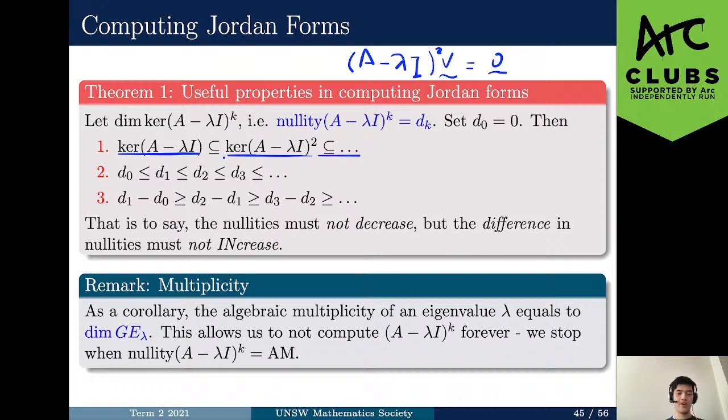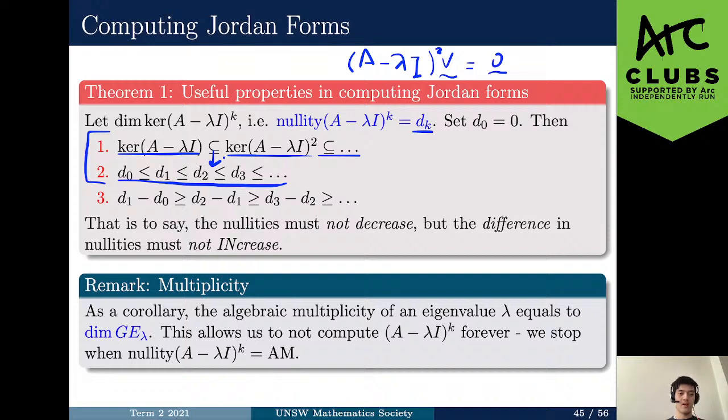And so that also means that in general, the nullity, if I call it d_k, so the nullity of A minus lambda I to the k, should be non-decreasing. This just follows from being a subset. Okay, so I think those first 2 points are probably a bit more intuitive. The third point here is less clear, but it's quite useful as well.